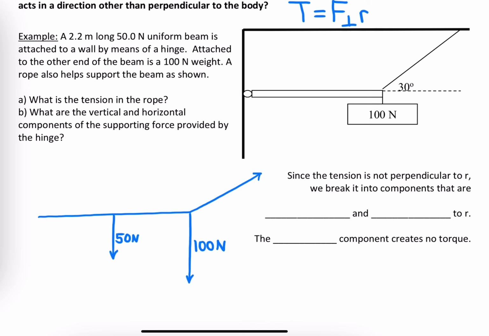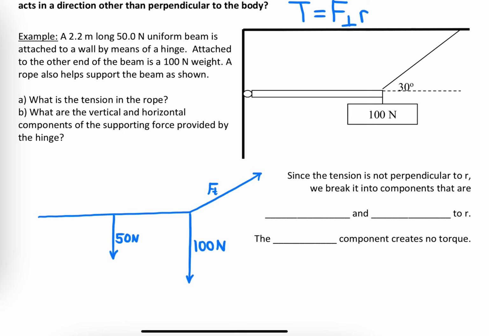We'll call that a tension force, Ft. And then I've got some sort of reaction forces at this hinge over here. Remember, a hinge is capable of pushing or pulling in any direction. So it can push or pull left, right. It can push or pull up, down.